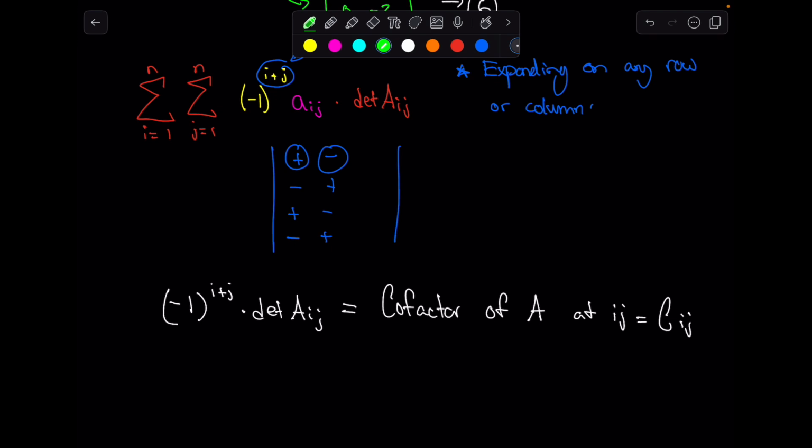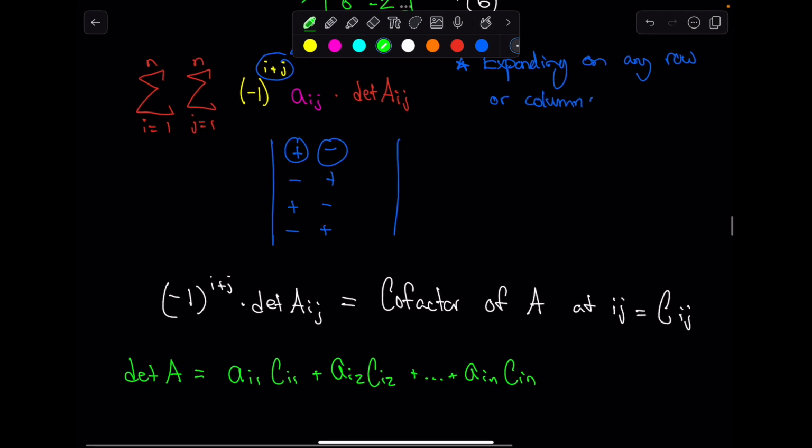That's a fancy way of saying that when you calculate the determinant of a matrix A, if you're going across a particular row i, it's A sub i1 times the first cofactor, plus A sub i2 times the second cofactor, plus dot dot dot plus A sub in, C sub in. This is all they mean with cofactor expansion.